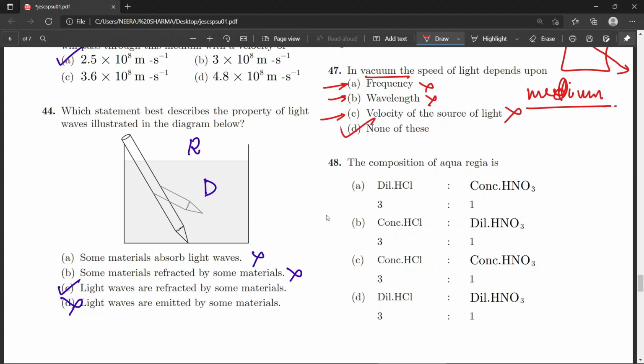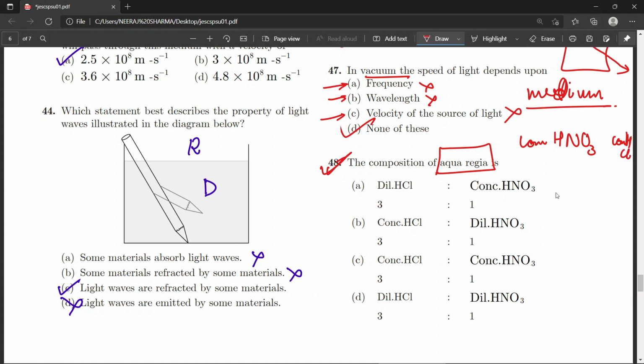Now coming to the composition of Aqua Regia, an extremely important and simple question at the same time, right? This you must know before sitting for the exam. Aqua Regia is the mixture of concentrated nitric acid and concentrated hydrochloric acid.